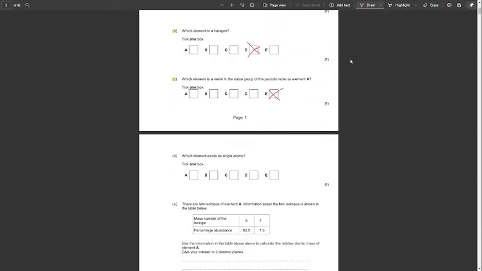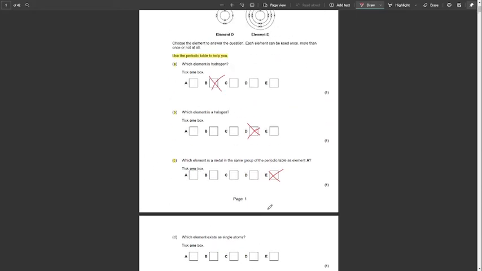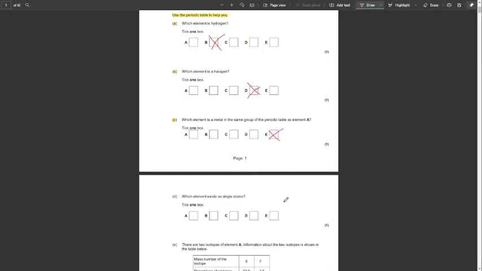And finally, which element exists as single atoms? Now this is our last question, really, of these multiple choice questions. And what you'll notice about exam papers is that the questions get harder the more you go through. So you can see that this question is harder than these previous questions because it requires some additional knowledge.